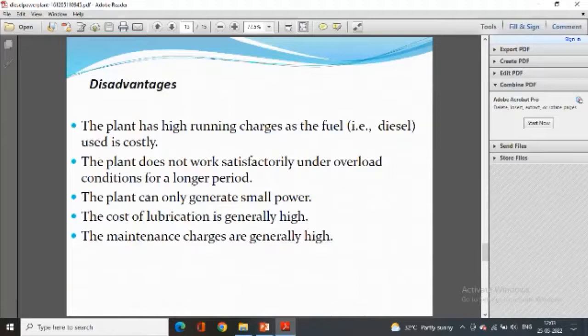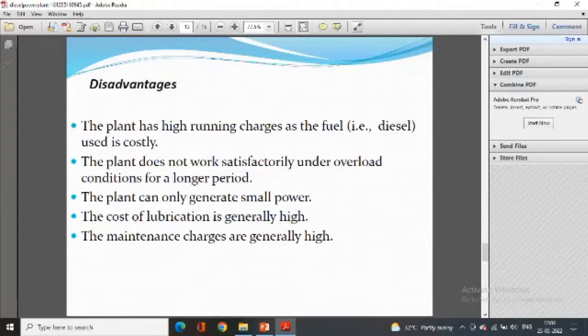That's why the cost is very high. Also, for running the diesel engine at no load, we require fuel. That's why the running cost of this plant is very high.